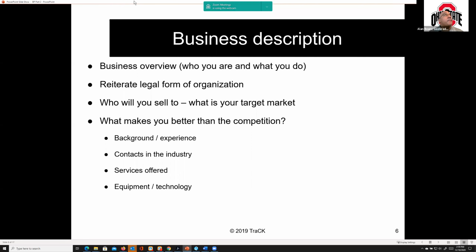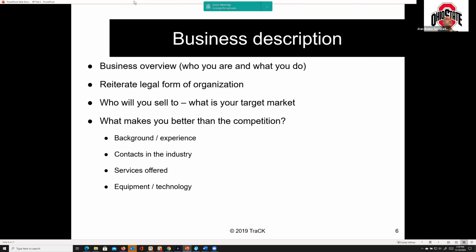All right, so business description. Again, business overview: who you are and what you do. For instance, if you are a structural engineer, then you would list that you're a structural engineer licensed in the state of Washington. You cater to public clients, Department of Transportation, Port of Seattle, to design structures, be it buildings, bridges, whatever your specialty is.